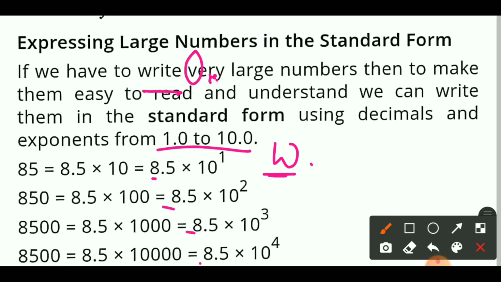Okay, it means here this decimal, and this is right side and this is left side. In the left side you have only one number. Okay, how many numbers are there? Only one number is there. Any number you can write, 1 2 3 4 5 6 7 8 9 or 0, but you can write only one number, and the remaining numbers you have to write after this decimal point.